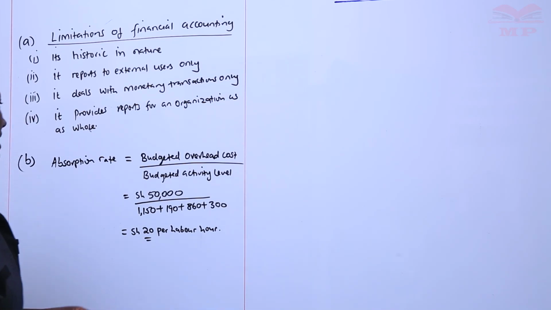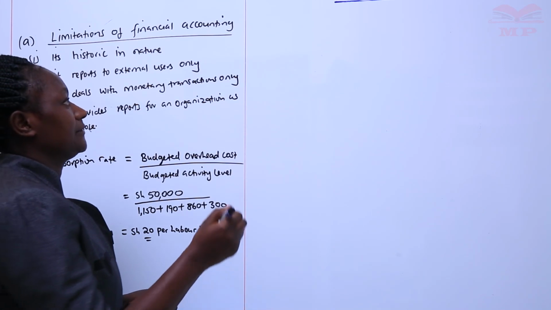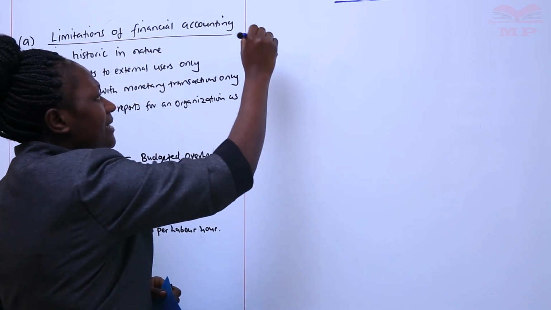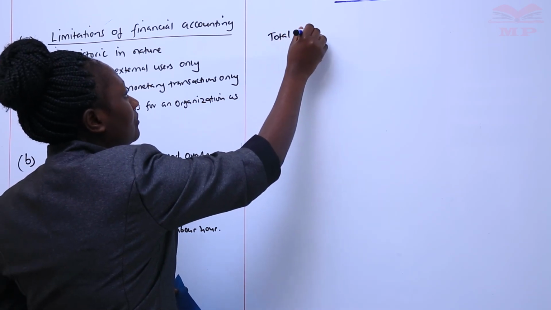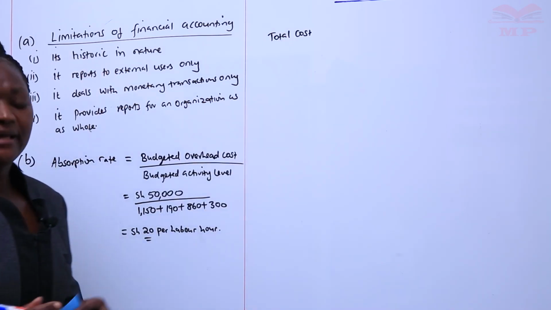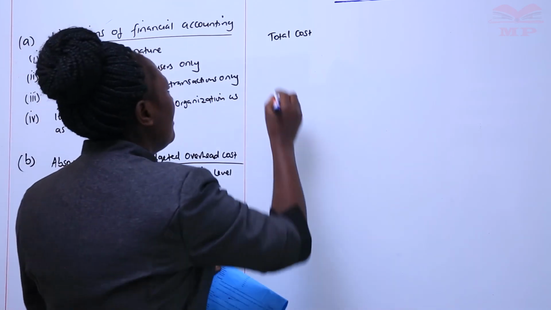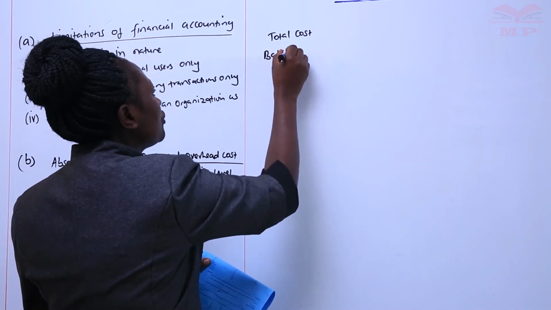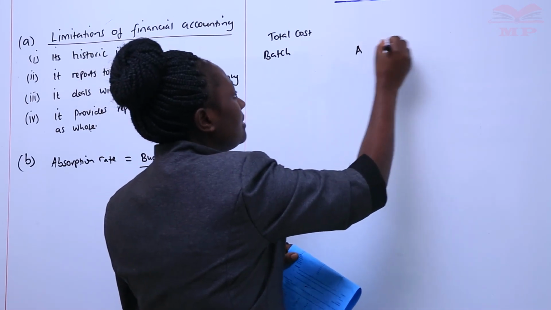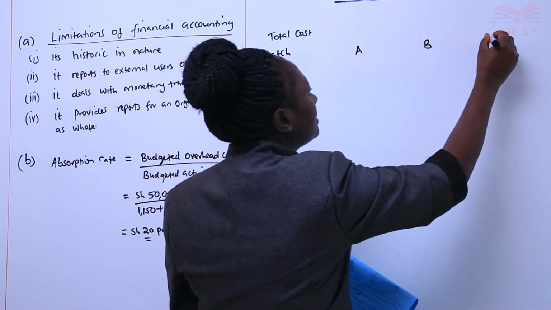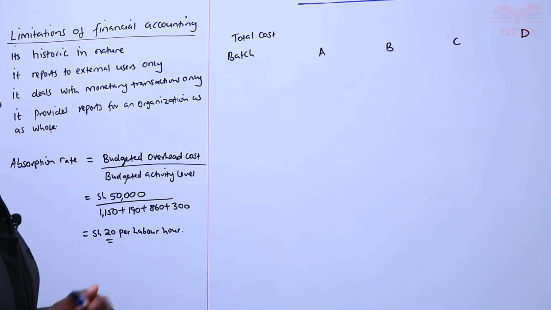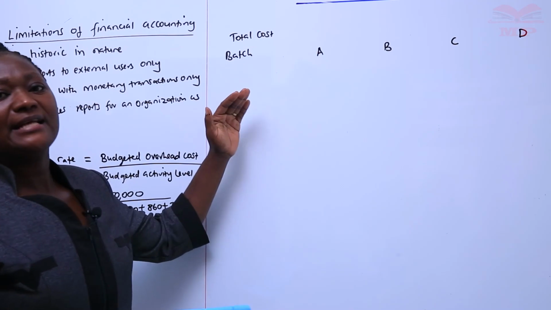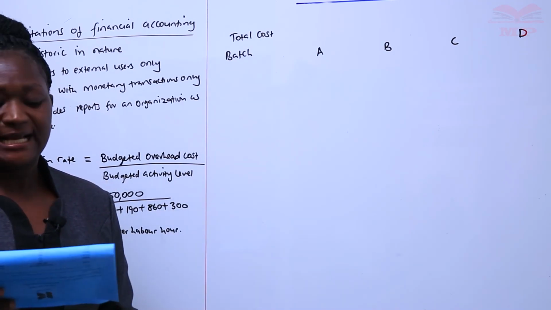Calculate the absorption rate. Once we have calculated the absorption rate, the next step is to calculate the total cost of the batches. So according to the question, we have batch A, B, C, and D. The total cost will comprise all costs that will be incurred.